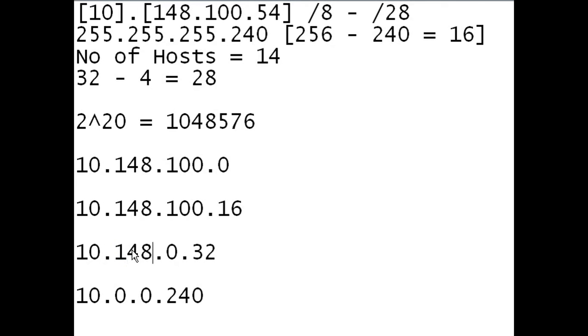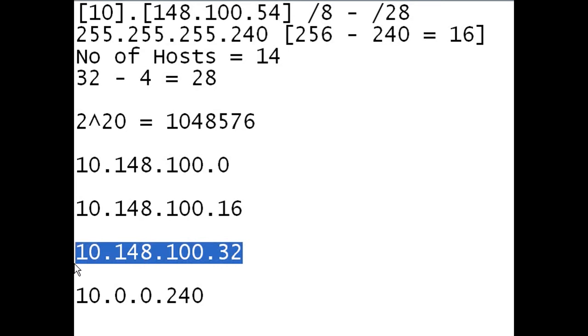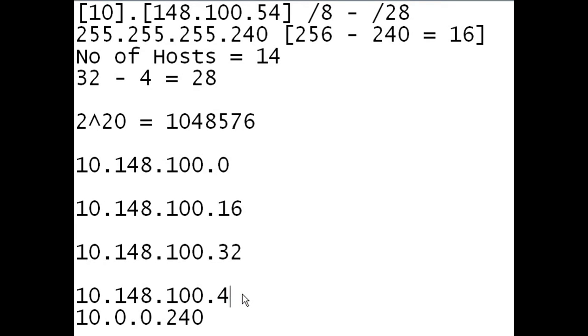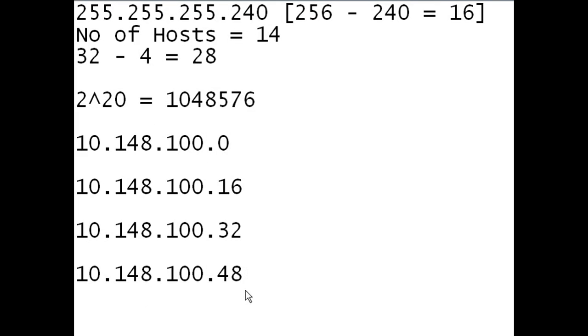After 100.32 it will be 100.48, then 100.64, like this it will go, up to 10.148.100.240, and after that it will be 101.0. So there is a change in the networks.